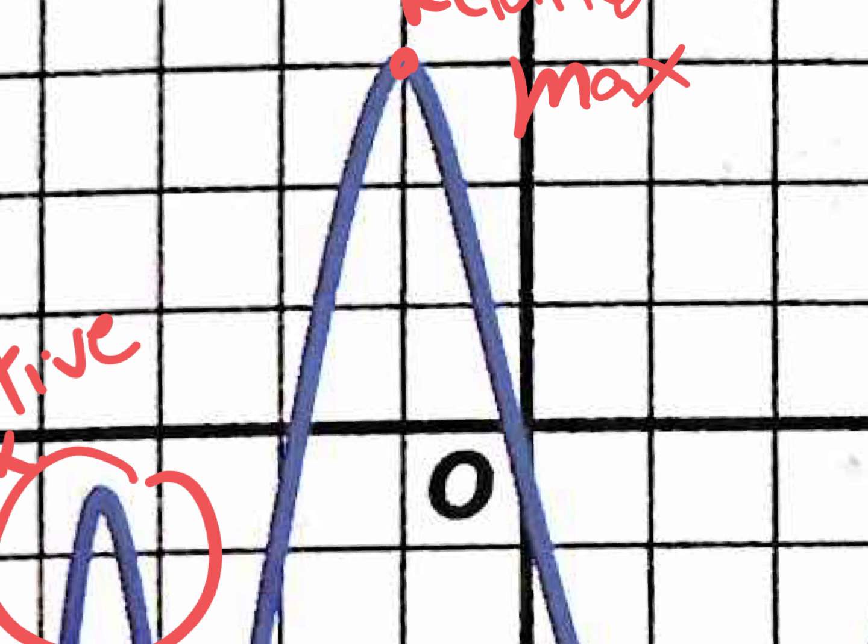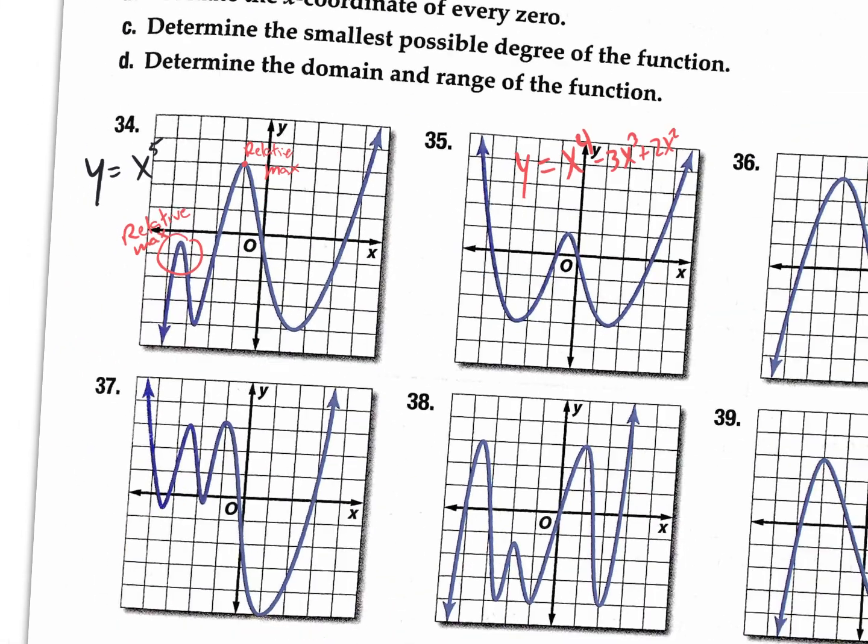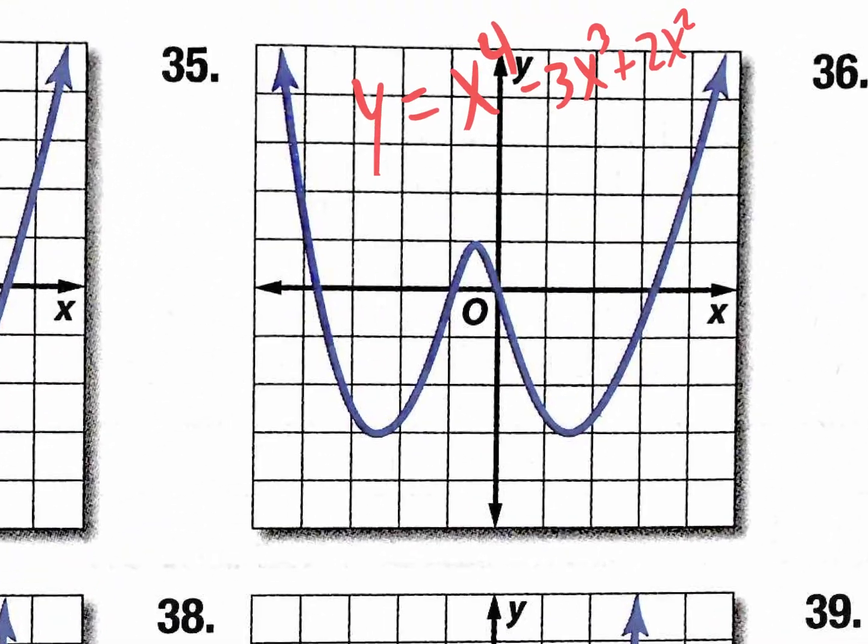Compared to the rest of the world, you're not the absolute highest person. It's just a relative max height. Now some of them, like down here, these are absolute minimums, right? It looks like maybe this one comes down a little bit further, so you could say it is an absolute minimum.